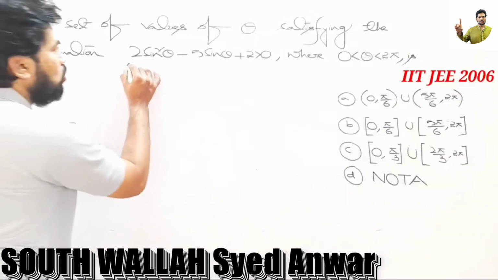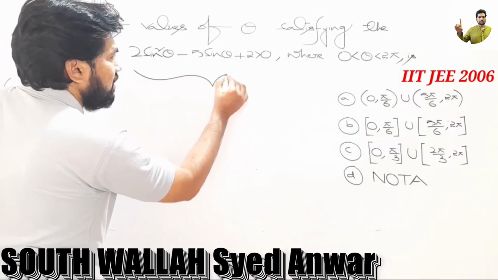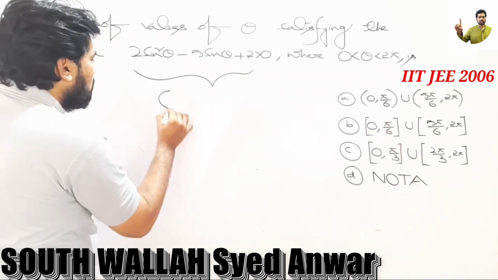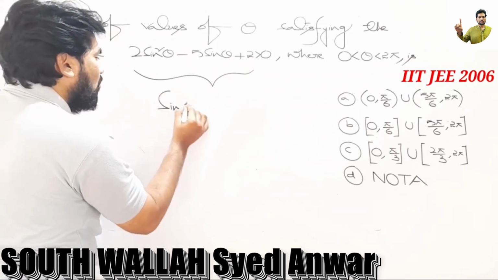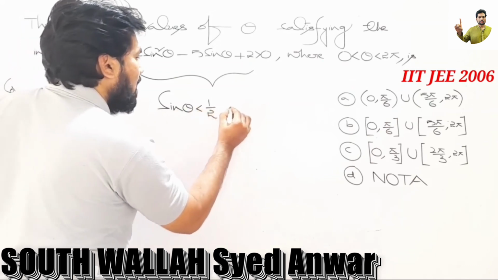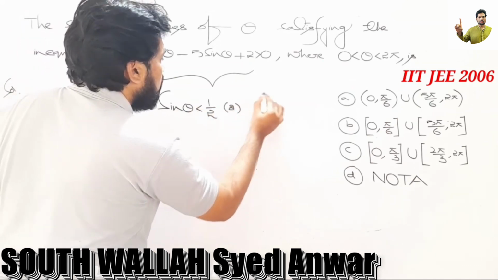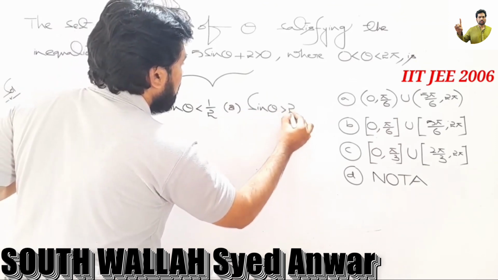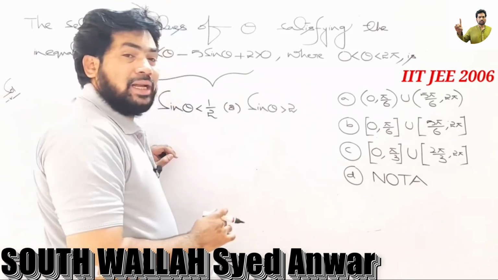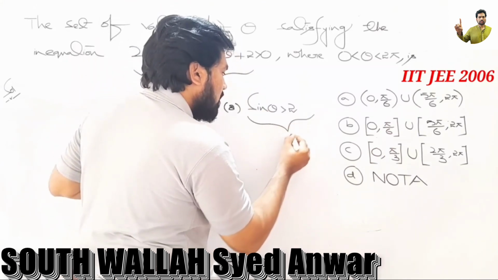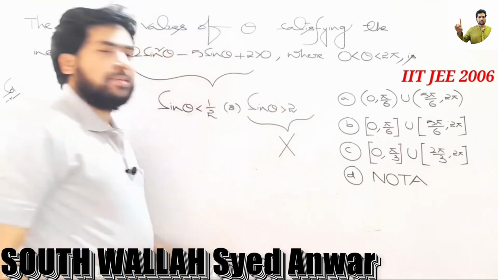Already the inequality 2 sin square theta minus 5 sin theta plus 2 greater than 0 I have solved. One value I have got: sin theta less than 1 by 2. Another value: sin theta greater than 2, which is not possible, so you can ignore this case.